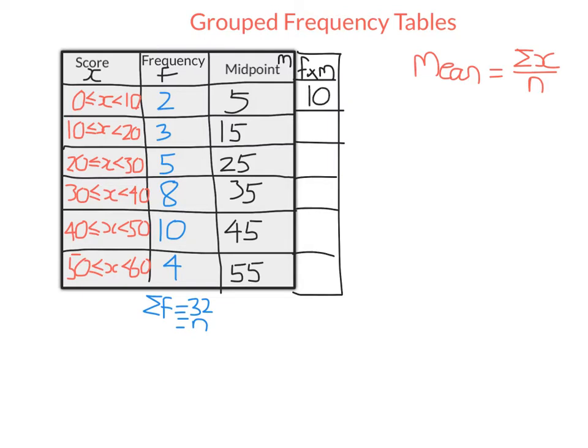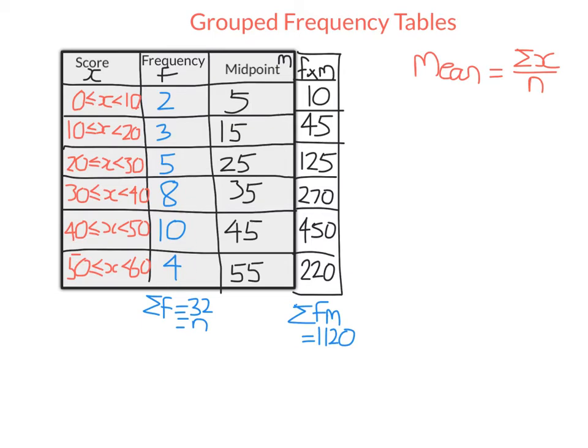It's just 2 times 5, 3 times 15, 5 times 25, and so on. So after creating this column, I'm going to add them all up. So the sum of the fm column, if I add up all those numbers, gives me 1120. What this actually is, this is an estimate of the sum of all the scores. My estimate is that all of the scores will add up to 1120.